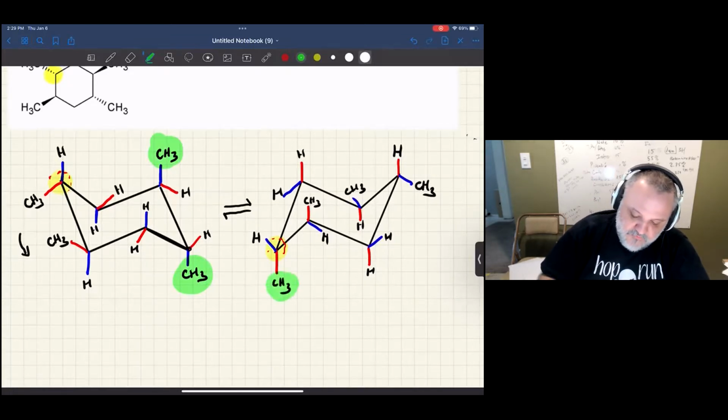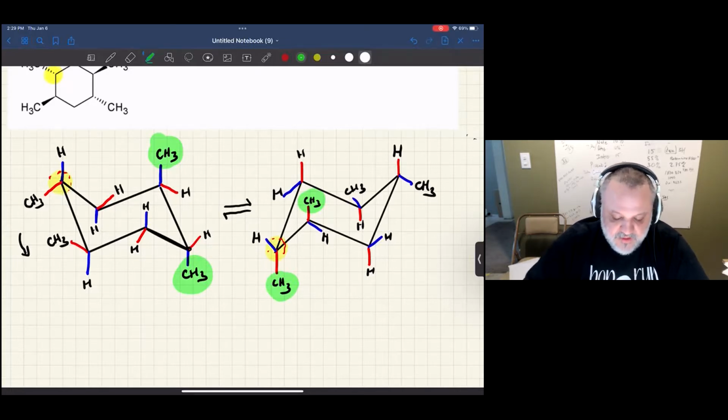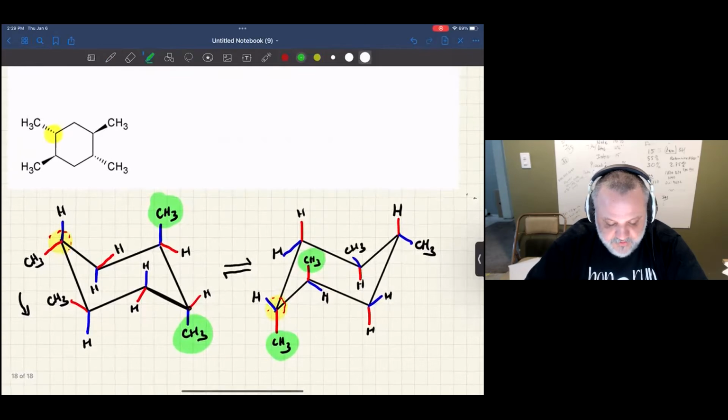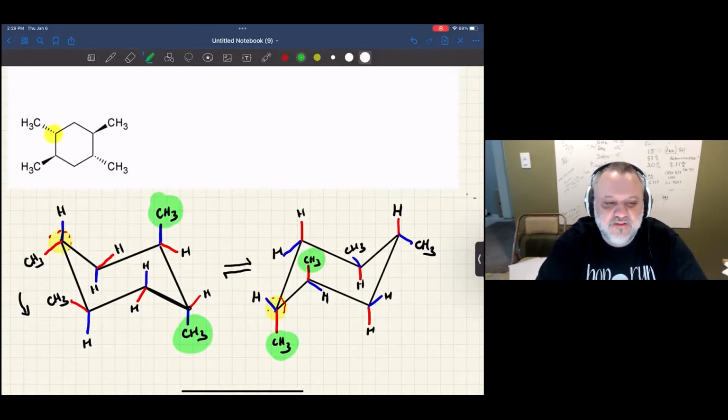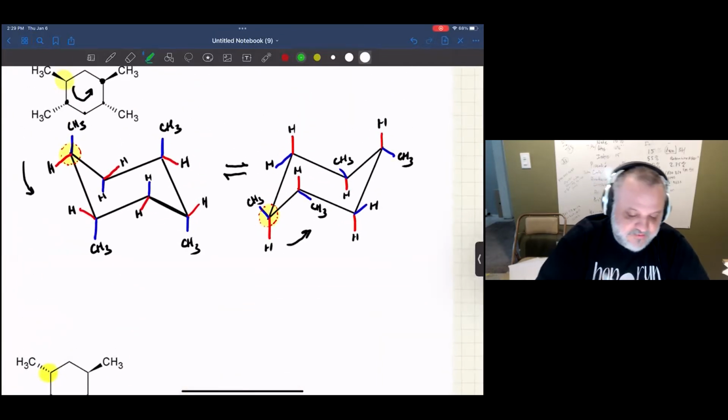In the chair flip, I have 1, 2 CH3s in the axial position. They provide 2 CH3s worth of 1,3-diaxial strain. So it turns out that both chair conformations of this structure are actually the same energy. It's actually the same structure, and the same energy. Two instances of 1,3-diaxial strain.